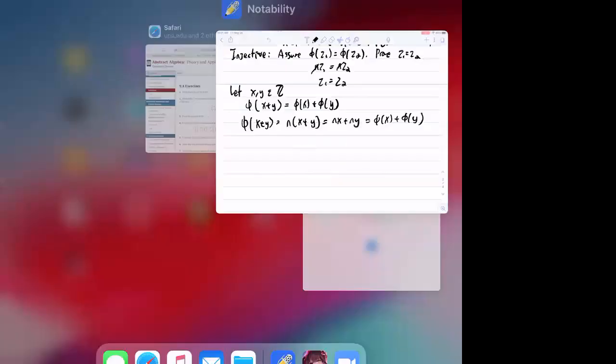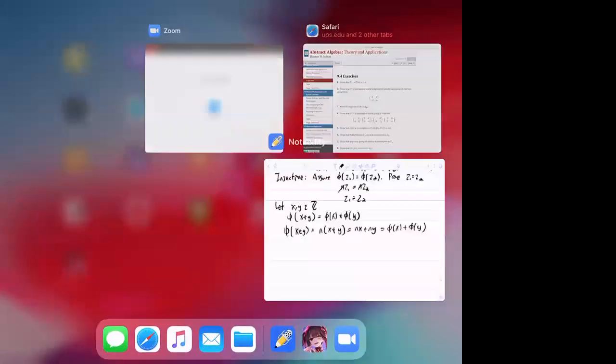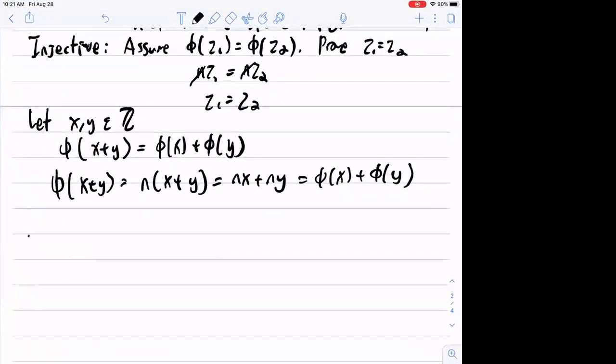Okay. So let's do part 2. Prove C star is isomorphic to the subgroup of GL2(R) consisting of matrices of the form (a, b; -b, a).